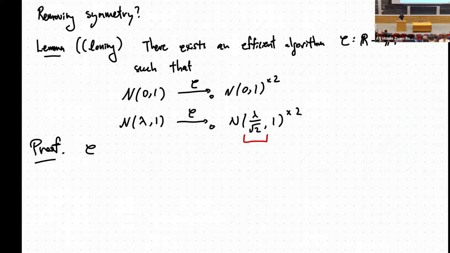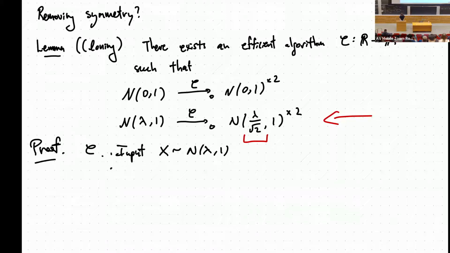So here's the algorithm. It's going to input x, which is a sample with mean lambda. I'm just writing it like this because lambda could just be anything. I could have just written the second thing because you could have taken lambda equals 0, because this holds for any lambda. So that's step 1.